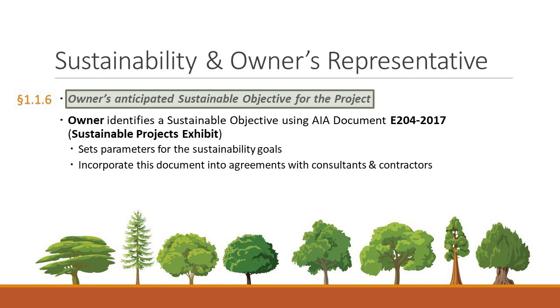Now, what's important here also is that it says, if the owner identifies a sustainable objective. I will say this, and I work on contracts every single day: I would say probably less than 20% of the time will the owner come to the table with a known sustainable objective. If the architect raises it, maybe another 4 or 5% will create one. But most people don't include a formalized sustainable objective because it can cost more money or they're unfamiliar.